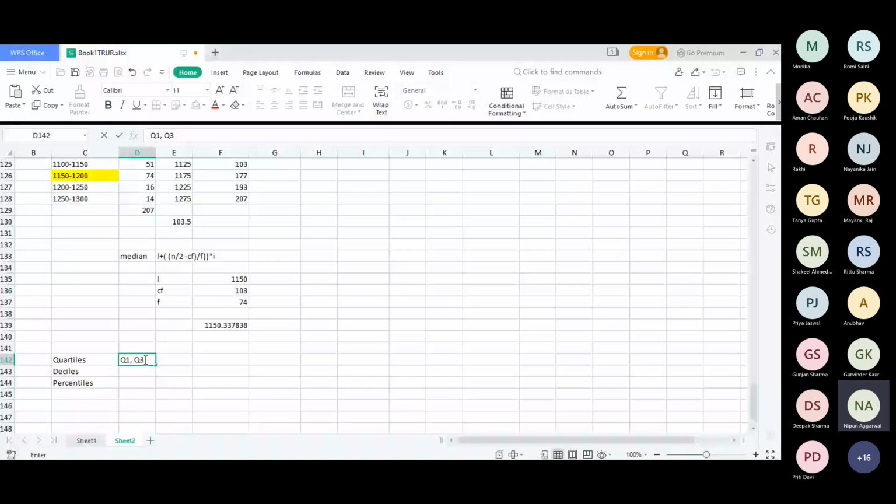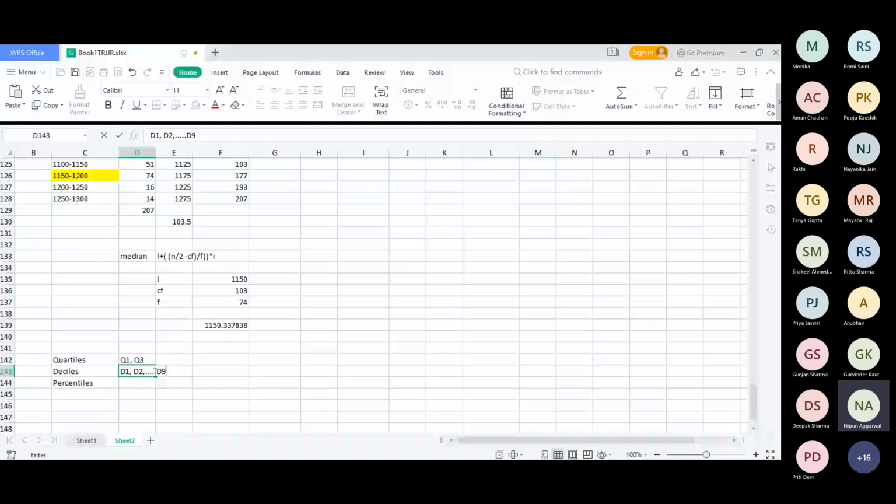Decile says 10 equal parts. So we are dividing the data set into 10 equal parts, D1, D2 to D9. D1 means 10% below, 90% above.